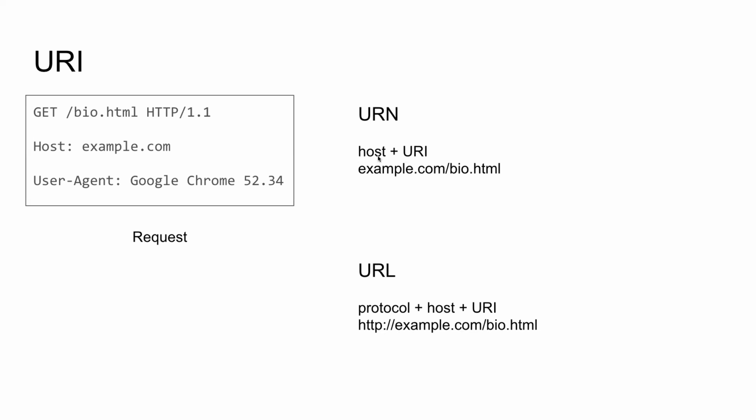So someone is providing that site to me. And then it's also showing me bio.html. Now, the difference between the URN and the URL is that not only does it have a host, meaning somebody that's actually rendering this information, it has a protocol, whether that be HTTP or HTTPS, which just means secure, throughout the internet.